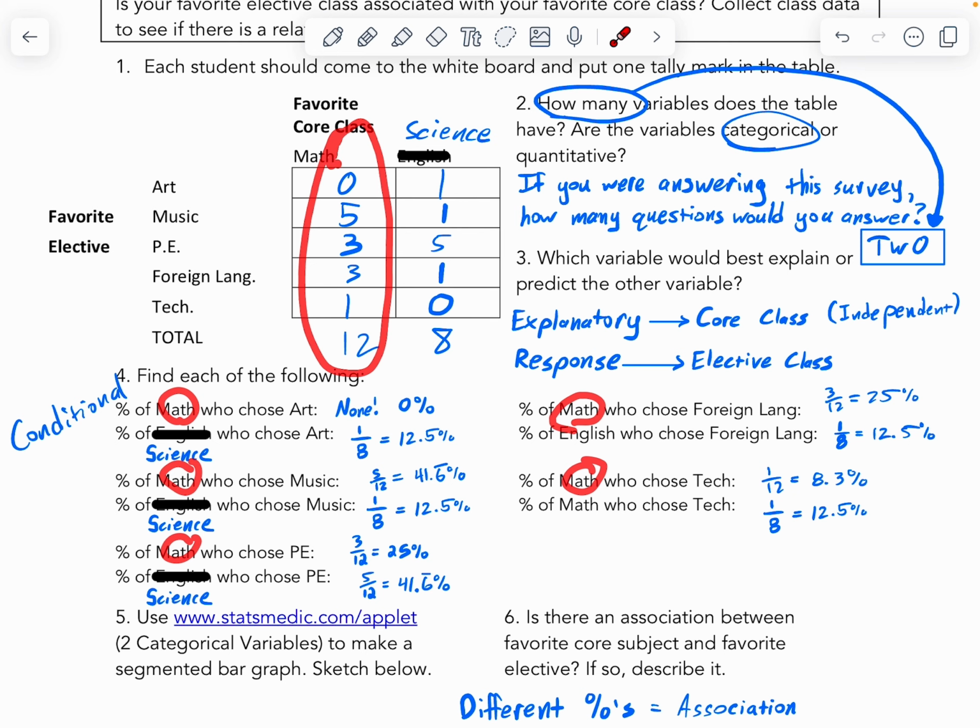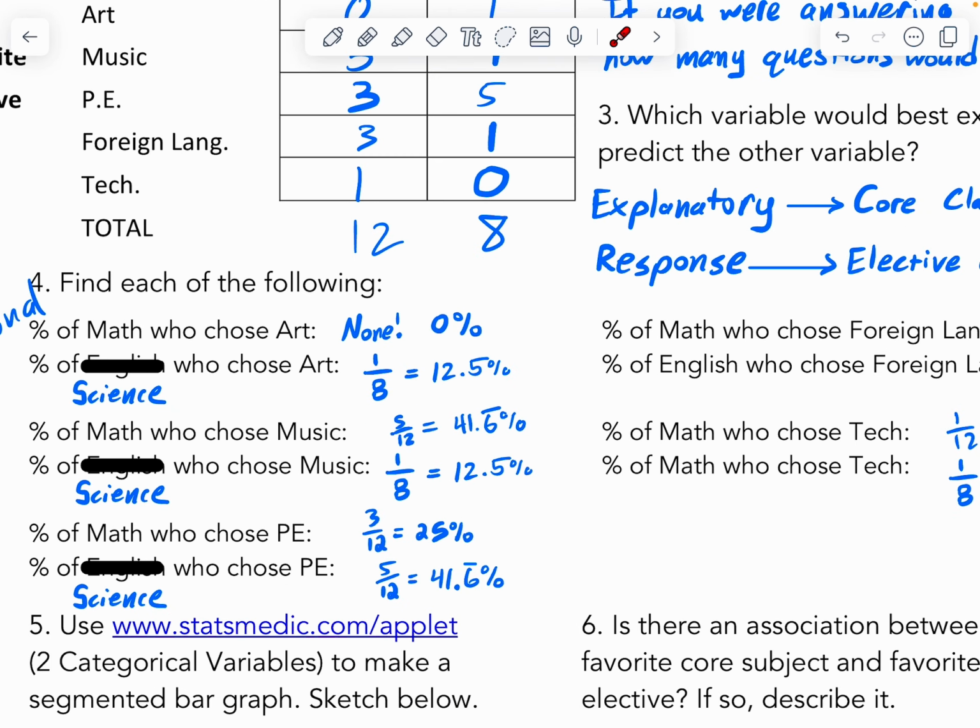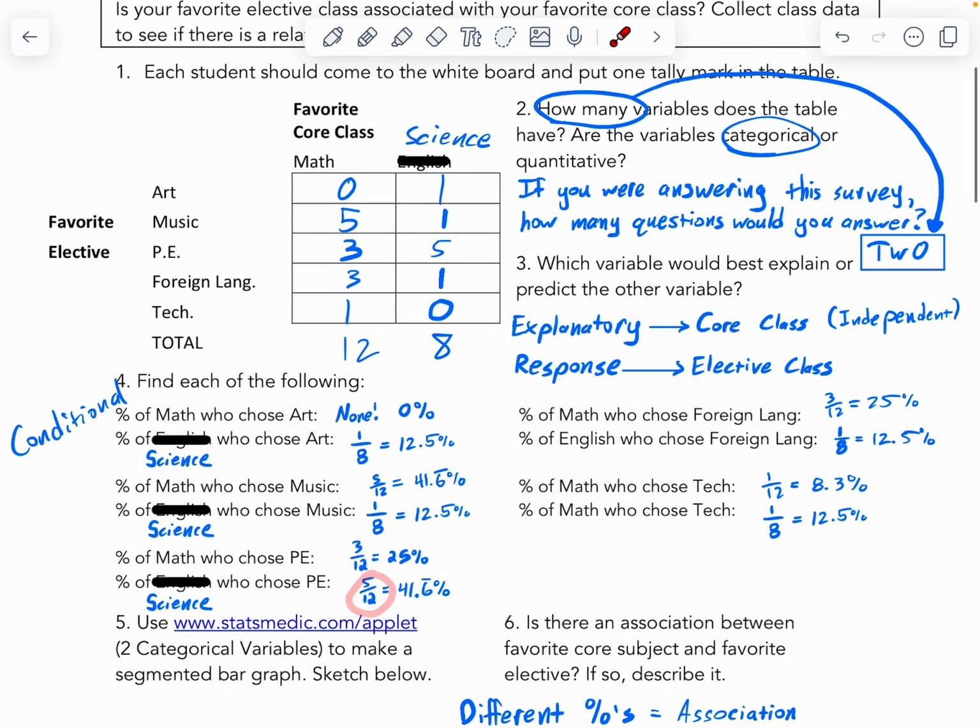You can see that this is out of 12, this is out of 12. Ooh, I might have a mistake on there, I've got to fix. This is out of 12 and 12 because there are 12 math kids. I think my mistake is this guy right here. Science is 8 kids.